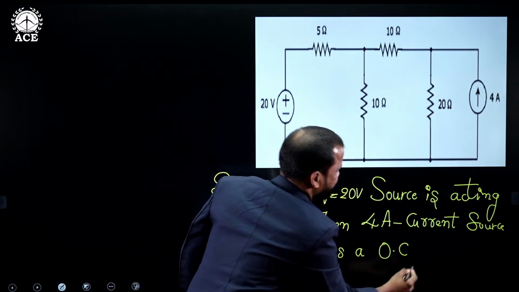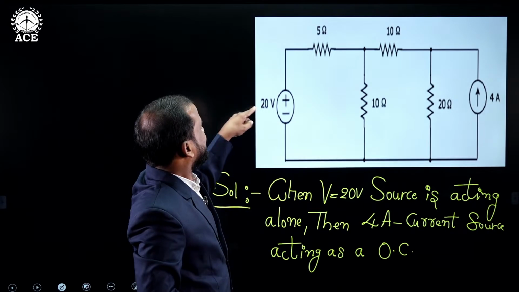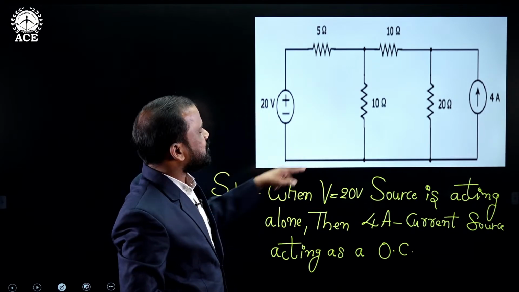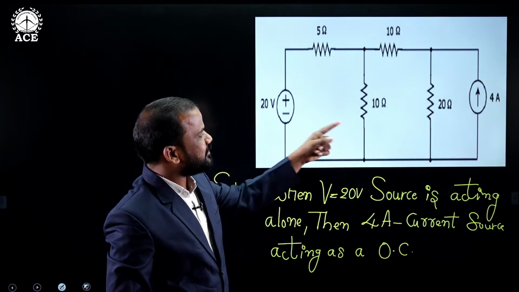O.C. means open circuit. Simple. The 20 volts voltage source is acting alone, and the 4 ampere current source is acting as an open circuit.